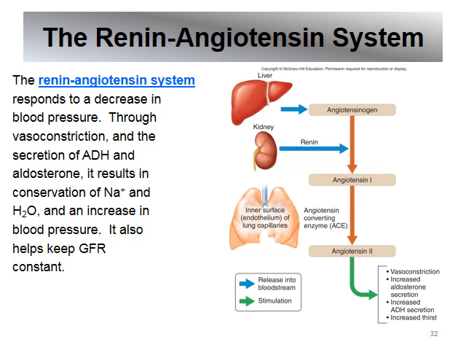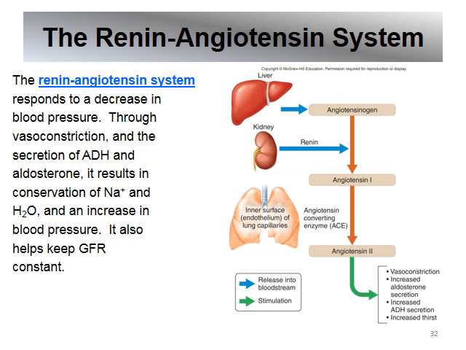Here's the renin-angiotensin system. So don't worry about where everything is created. However, we need to know that angiotensinogen is converted to angiotensin 1 by renin. Angiotensin 1 is converted to angiotensin 2 by angiotensin converting enzyme, also known as ACE.